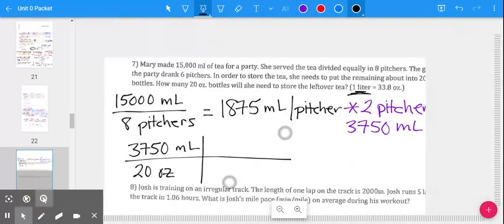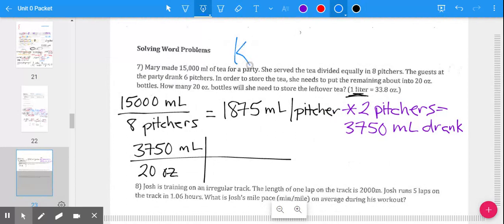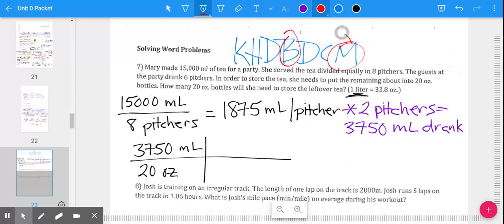This goes back to that very first thing we did. So we have King Henry died by drinking chocolate milk. We're going from milli to your base unit liters, so we're going to go 1, 2, 3 times to the left. So there are 1,000 milliliters in 1 liter.